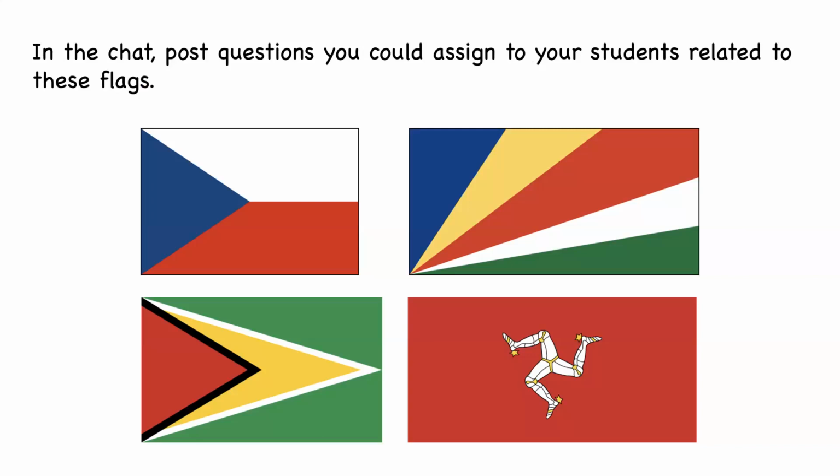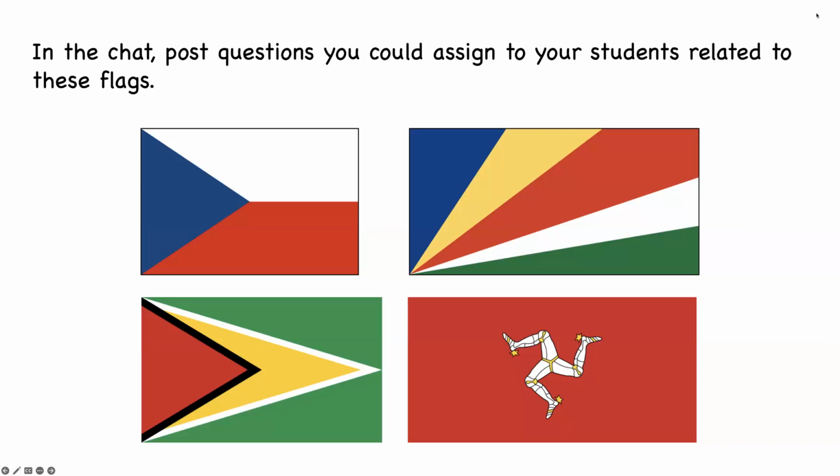And if you can't think of a question, what do you notice? When you look at these flags, what do you see? So maybe do it from that angle as well. This could be a great exercise for your students about noticing and wondering, to look at flags and ask that question. What do you notice?